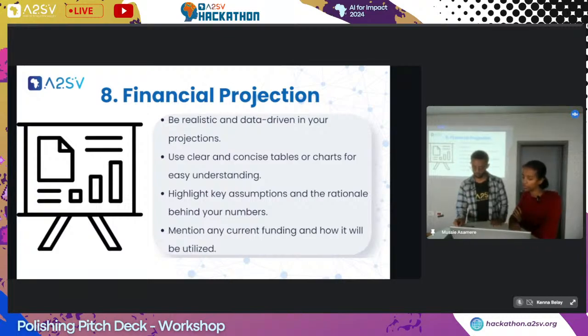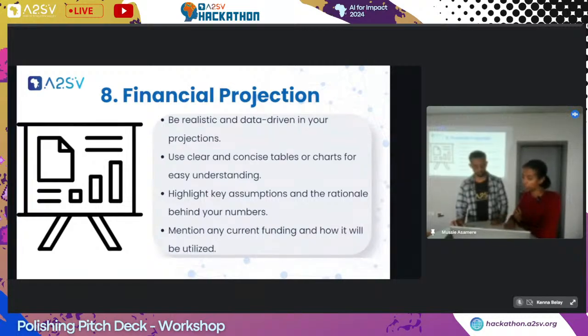We also want to have key assumptions and the rationale behind our numbers. You can't just say we expect to make this much in this year and stop there. We have to give some rationale on how we expect this, based on our target audience, how many people use this, and what key features set us apart that would prompt people to use this.